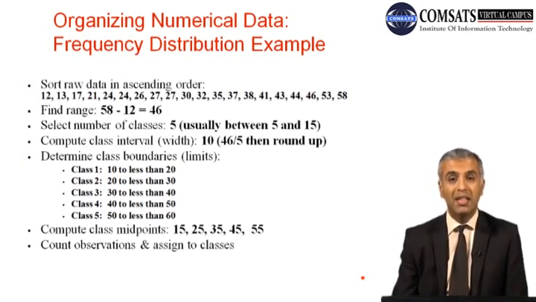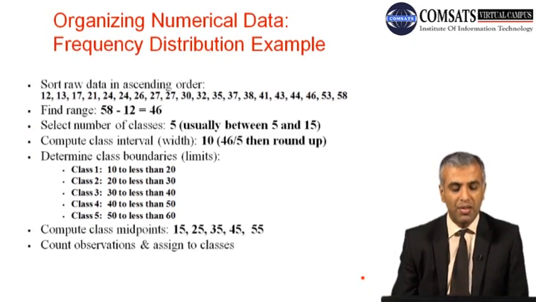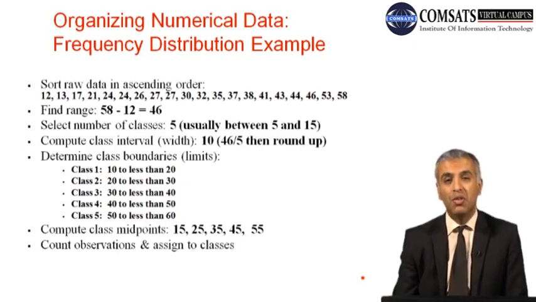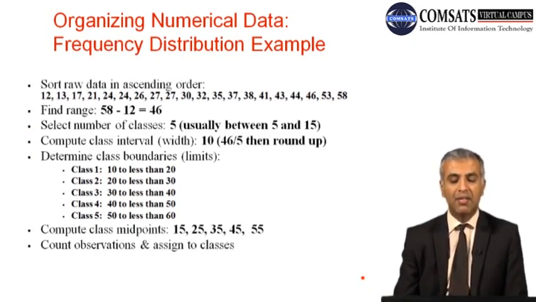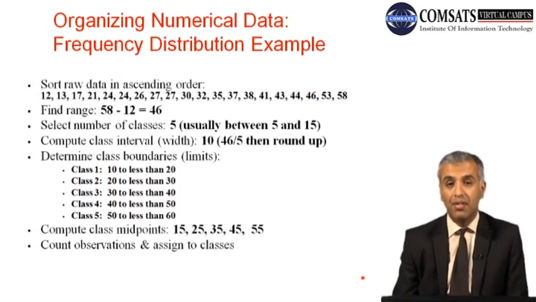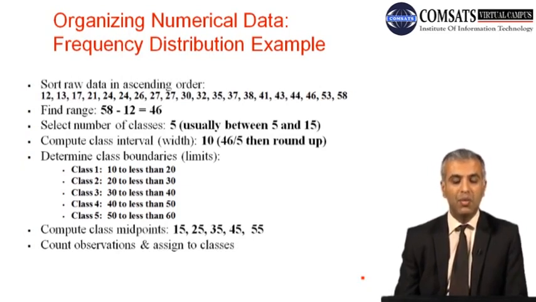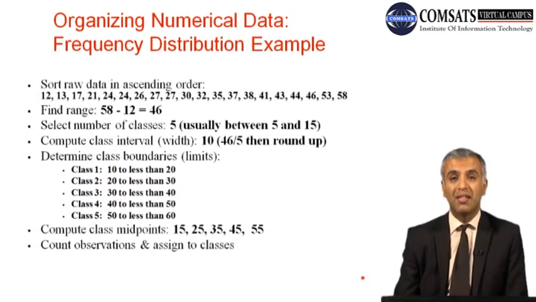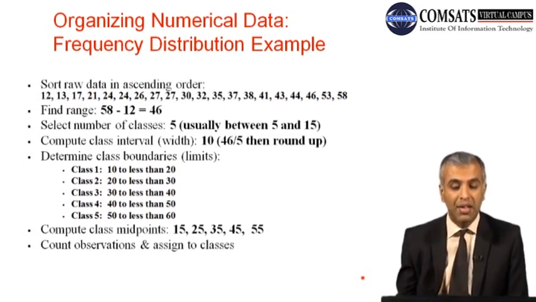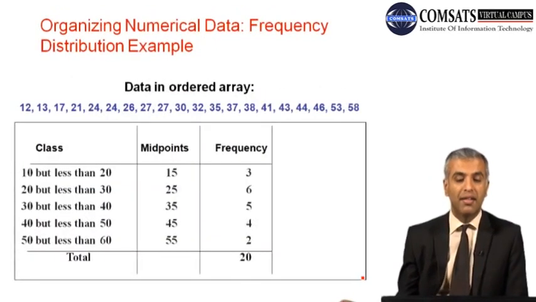So by computing these class midpoints, which are basically the mid values of these class intervals, we have got 5 midpoints in number. Once we have computed these midpoints, we can then count the observations and assign them to classes, which is evident in the next slide.